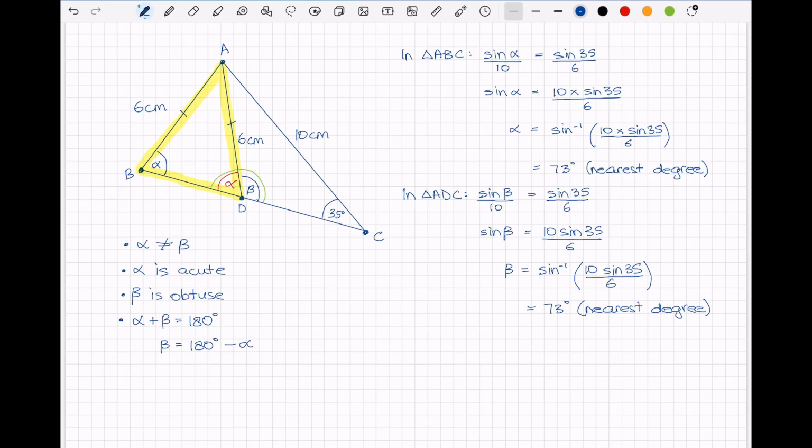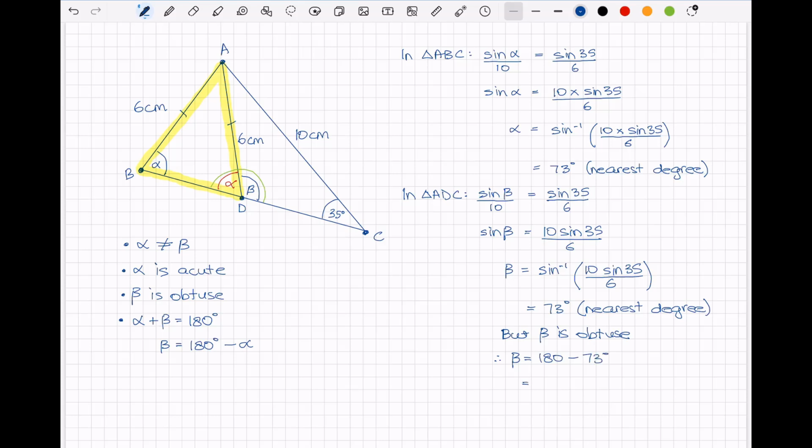So if you were, say, trying to do a question like this on an exam, you could, at the point where you get beta equals 73 degrees, you could say, but beta is obtuse, therefore beta must actually be 180 degrees minus the answer that we got.